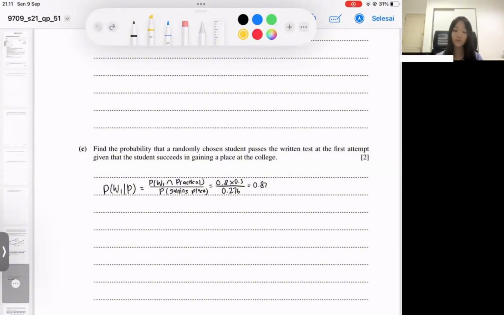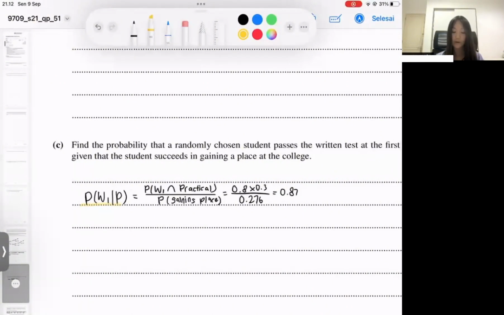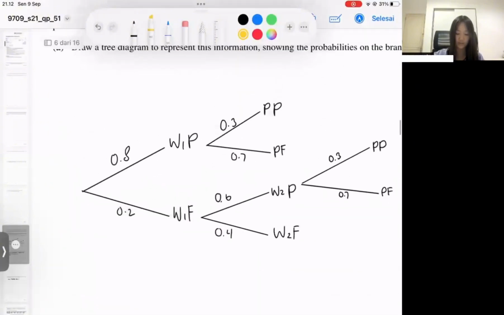Moving on to letter 4C, find the probability that a randomly chosen student passes the written test at the first attempt, given that the student succeeds in gaining a place at the college. So the probability of the first written test attempt pass over the probability of gaining a place at college. This means we need the probability of passing the first written test intersecting with passing the practical test, which is this one.